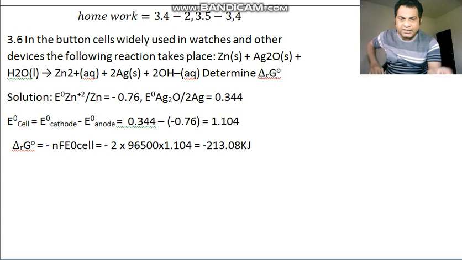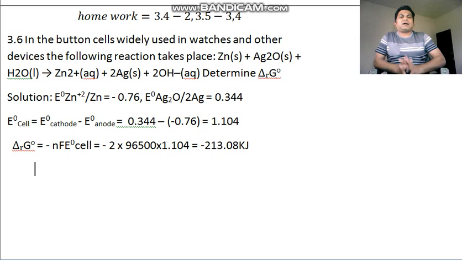I will put here E degree cell, so there is no problem for you. Minus 2 into 96500 into 1.104, that previous answer, and the final answer is 213.08 kilojoule.